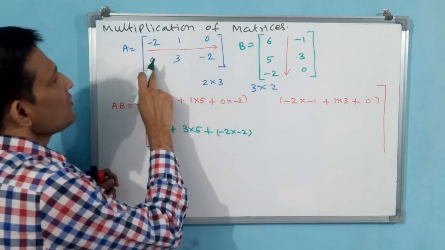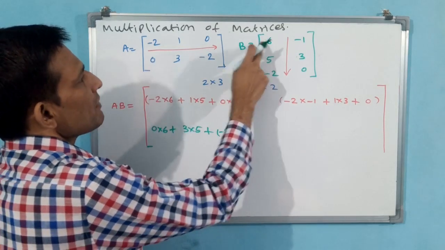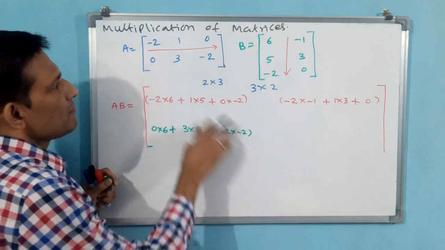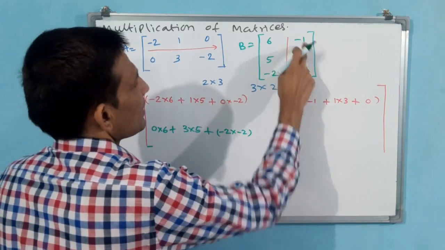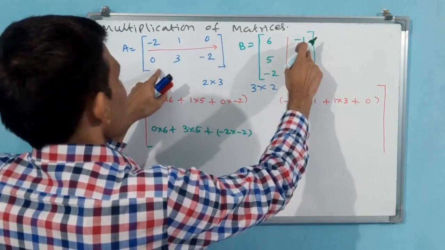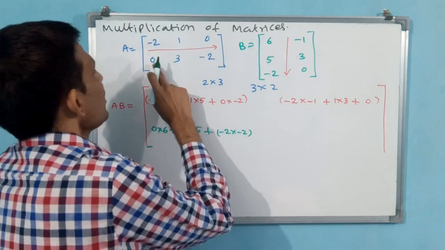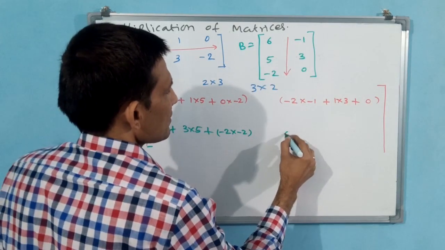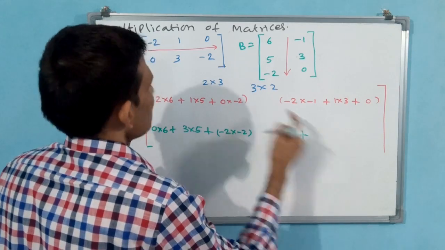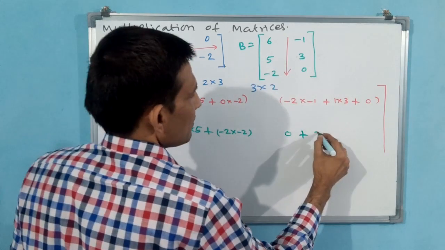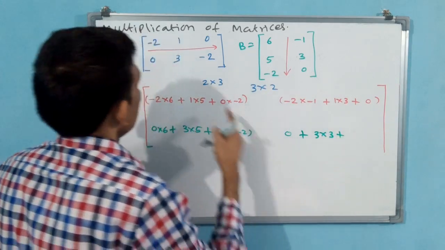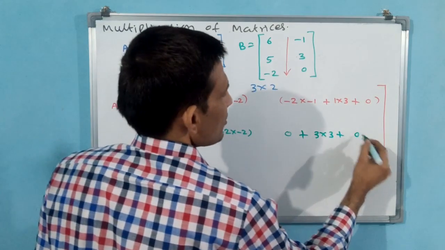Second row, first column has come. But second row, second column. Here also it comes. Simple first operation. First operation where it has a position, there it will come. 0 into minus 1, 0 only, plus 3 into 3, 9 only, plus minus 2 into 0, 0 only. Okay.